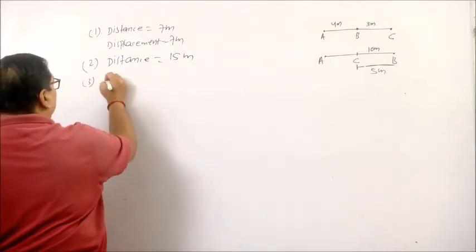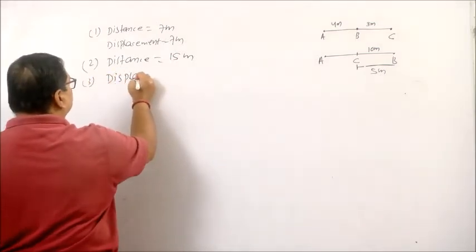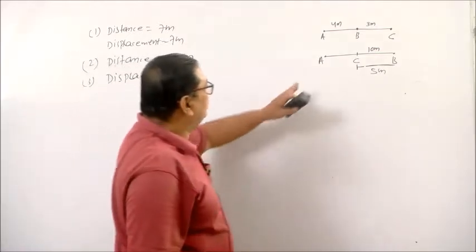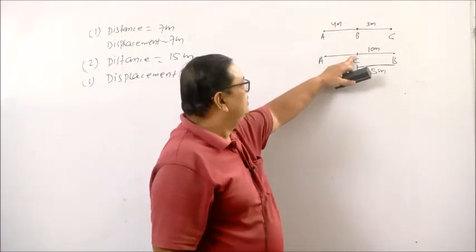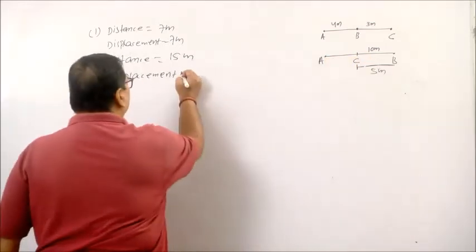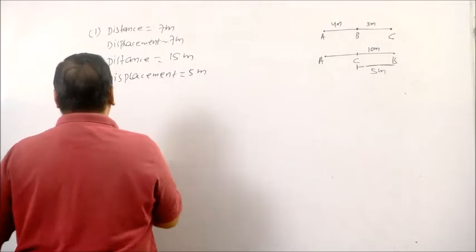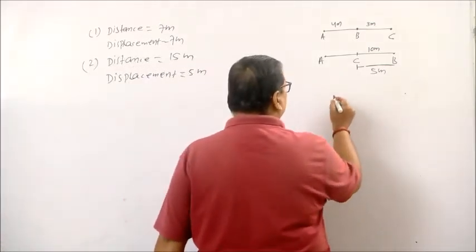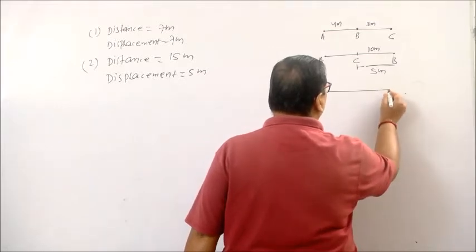But what will be the displacement? Displacement: initial point is A and final point is C. So displacement is from A to C, that means 10 minus 5, that is 5 meter.